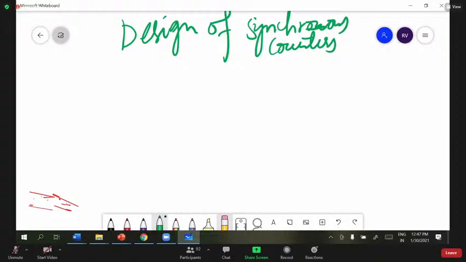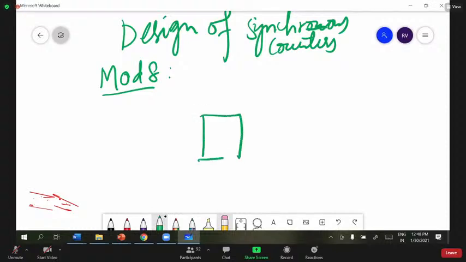Let us see the first one, a simple mod 8 synchronous counter. Okay. So in this mod 8 synchronous counter, how many people have seen the same? Okay. But we are giving the clock signal in a different mode. Okay. So you should not treat it as simple.